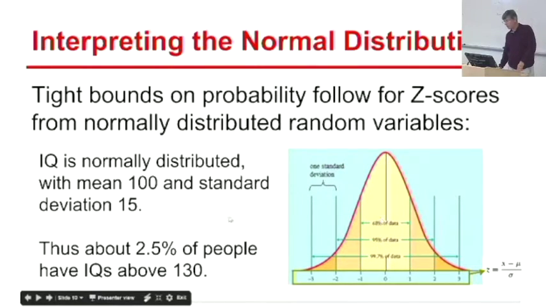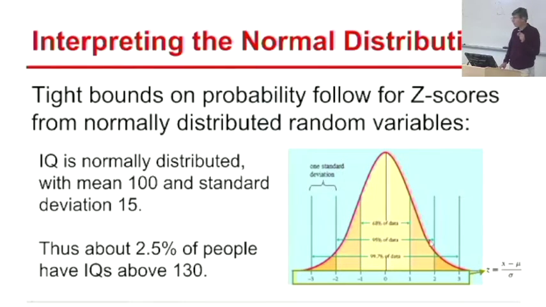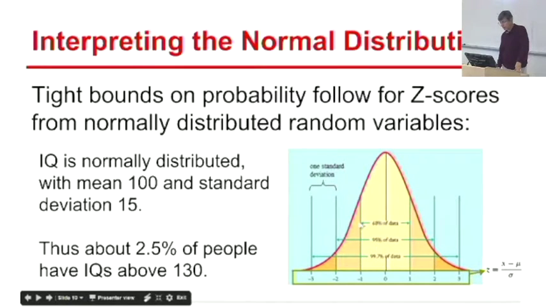If you know the data is normally distributed, you compute its mean, you compute its sigma, and you get very tight bounds as to where all the values are. So in a normal distribution, 68% of the data lies within one standard deviation of the mean, either 1 sigma above or 1 sigma below the mean.